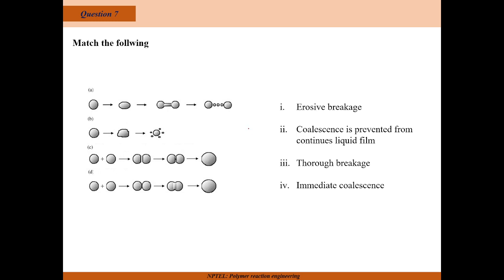Again, this was explained in the lectures. There is a bubble breaking mechanism that was explained in the lecture, and these are the different processes by which bubble breaking can happen. Can we match A with 3, through breakage?